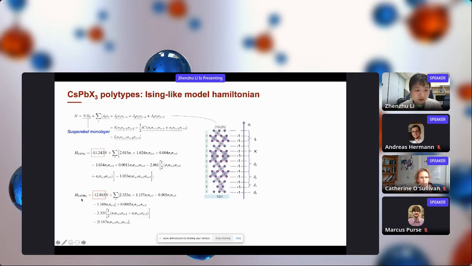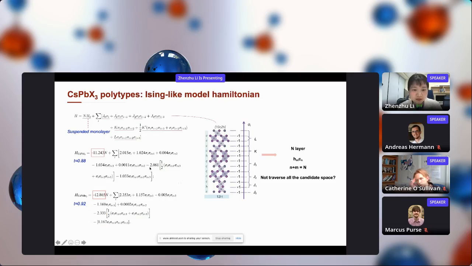As we can see here, the H0 for cesium lead bromide is smaller than the H0 for the iodide, which means that when we have bromide in the octahedra, it's intrinsically more stable than when we have iodine in the octahedra, which is also consistent with their tolerance factor, that cesium lead bromide has a more ideal tolerance factor than cesium lead iodide.